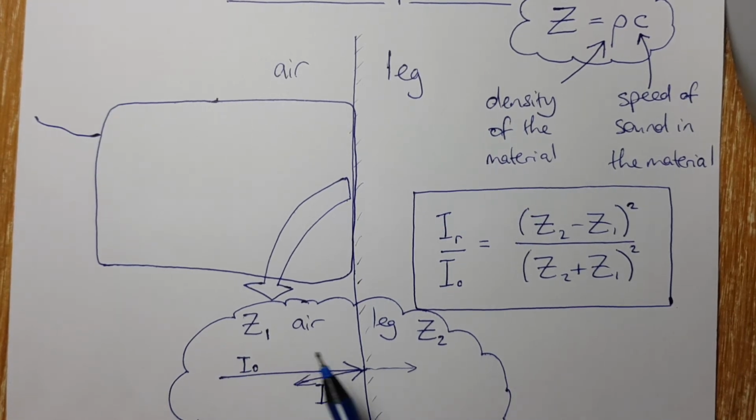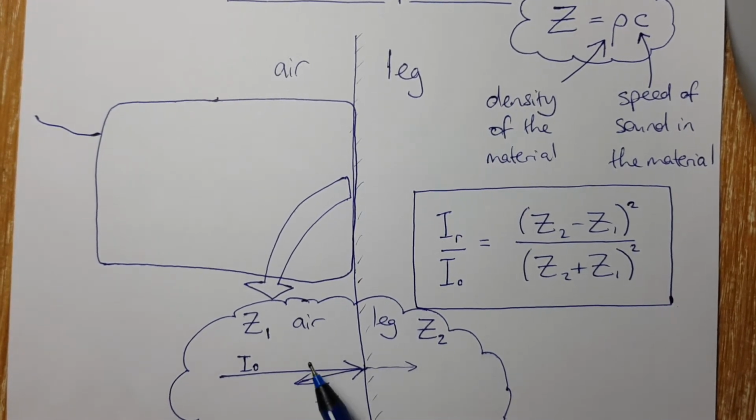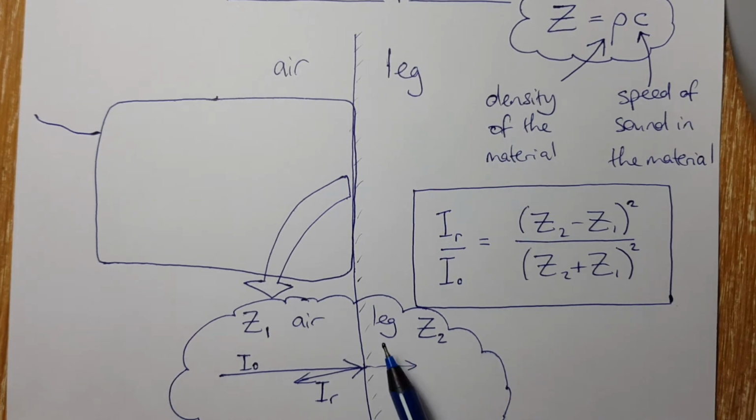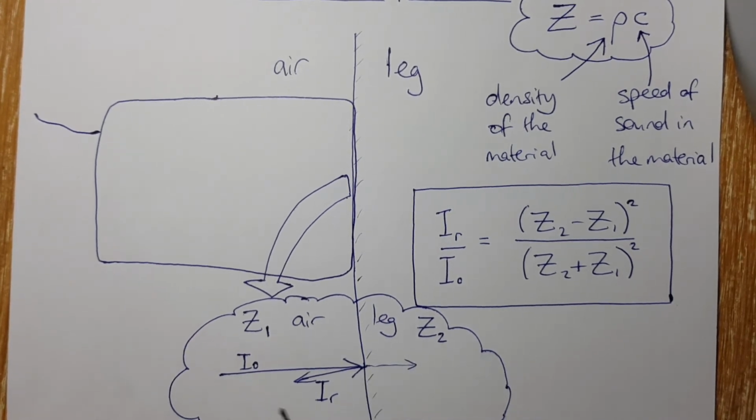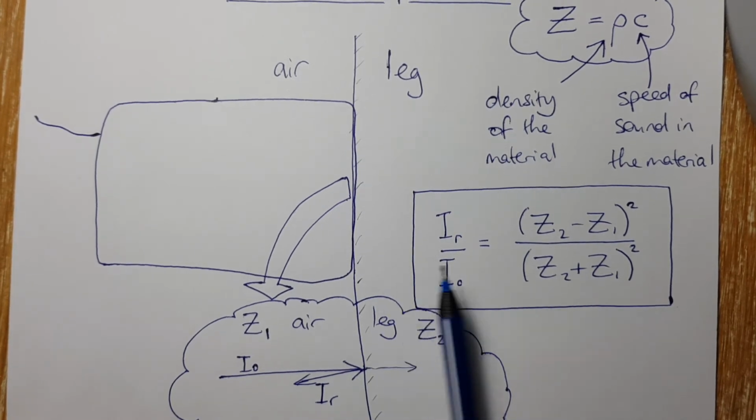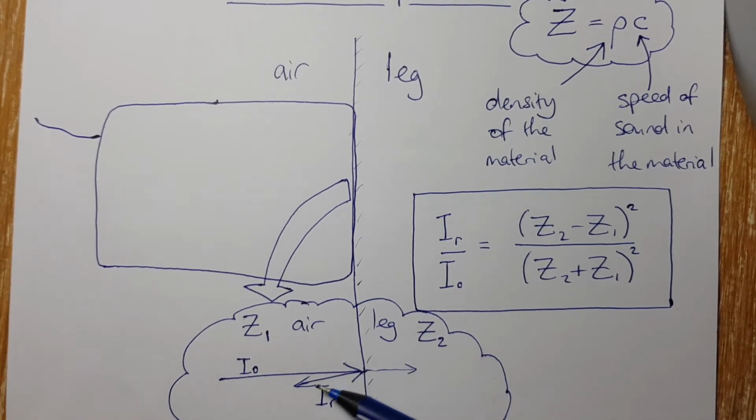Now, air and flesh don't have very similar impedances at all. So if you actually have a sound wave going from air into a leg, you're going to get a lot of it reflected back, and you're not going to get a very good ultrasound image.